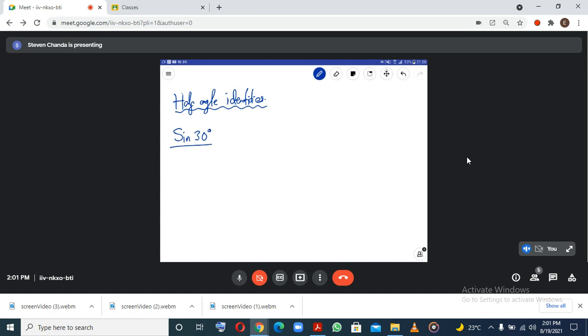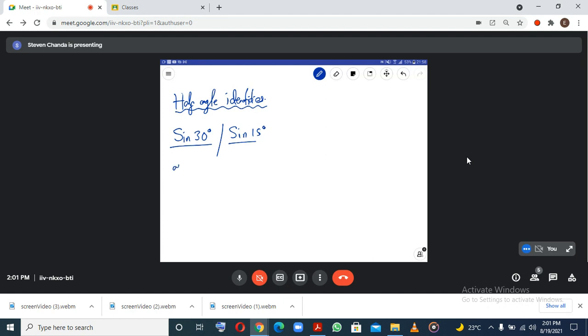But what if you want to find sine 15? I know that we can use the sum and difference formula, but we can also use the half angle identity. So that's where these ones come in handy. What we do here is that we use the formula for the power reducing identities to be able to derive these ones.